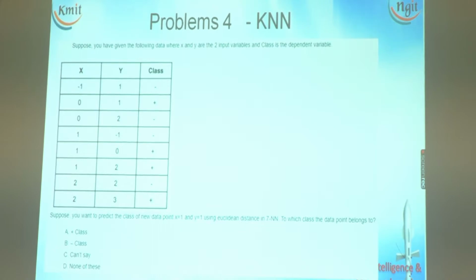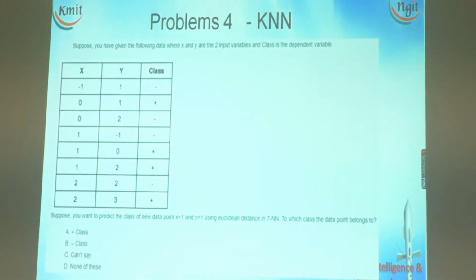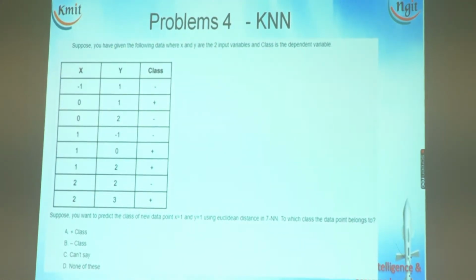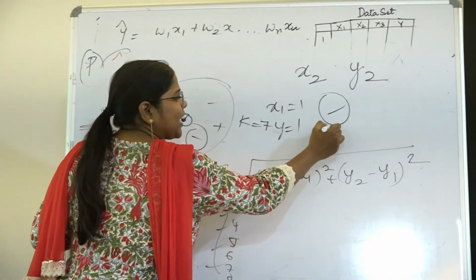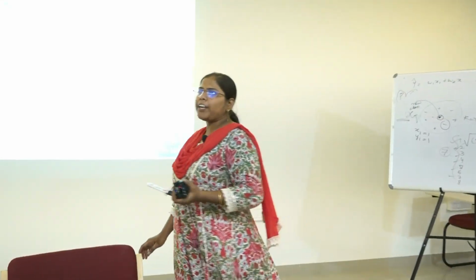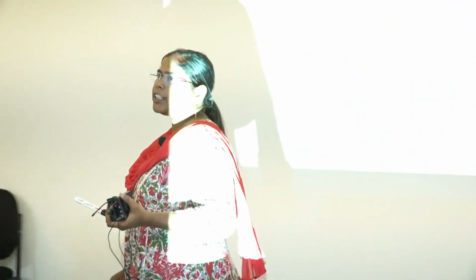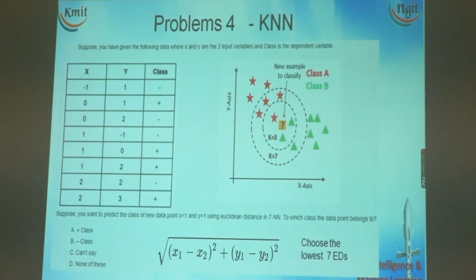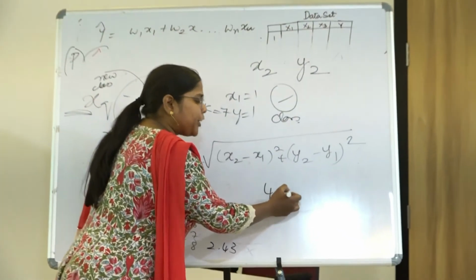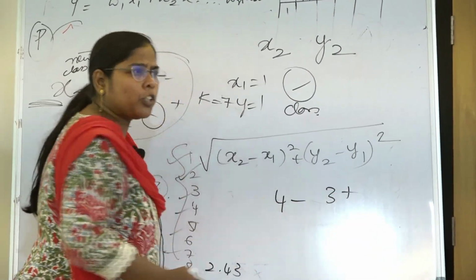For the new instance x1 equal to 1 and y1 equal to 1, the class is negative. You find out the lowest Euclidean distances. After that, whichever class has the highest count, you write down positive or negative all over this. 1 you got it as 4.3. Among this, 4 you got as negative and 3 you got as positive.